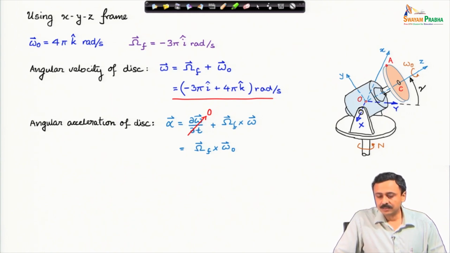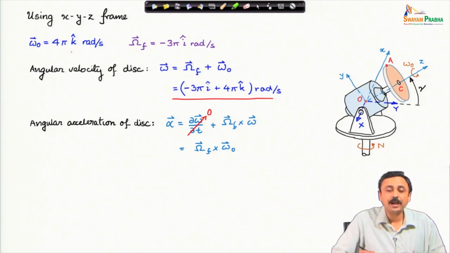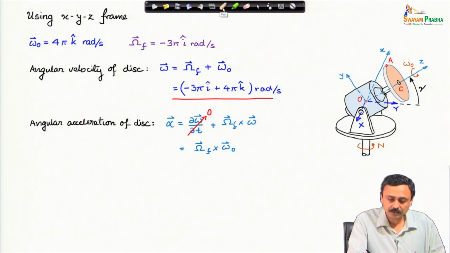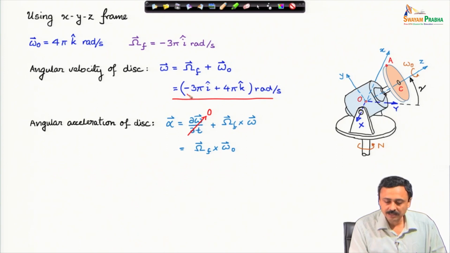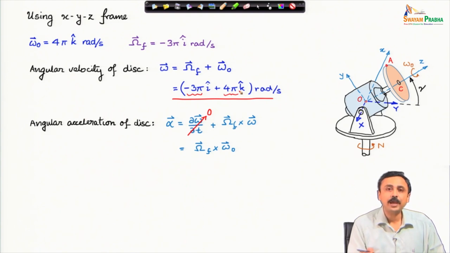Since these quantities are constant, omega naught is constant in magnitude and omega f is constant in magnitude, therefore there is no local derivative. Here you should note what is meant by this local derivative. Had these been a function of time, then you would have a local derivative.